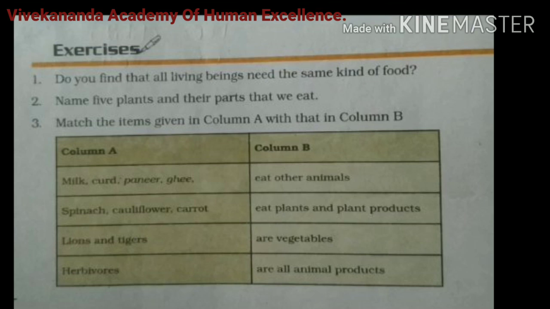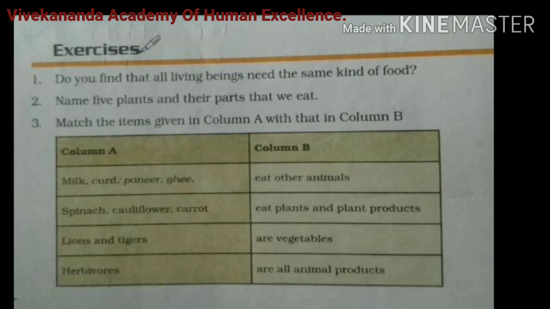Now we will turn towards the next question. Question number 3: match the items given in column A with column B. In column A: first, milk, curd, paneer and ghee; second, spinach, cauliflower, carrot; third, lions and tigers; and fourth, herbivores.